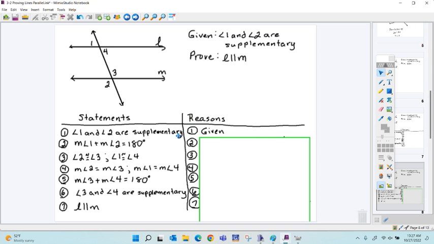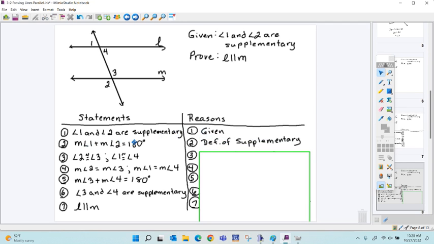Yes. Can we put given? No, wait a minute. Sierra had a question with her hand up. Yes, Sierra. I was about to say, but I understand now. Okay. So when you say, like she said, that supplementary means it equals 180, whenever your thought process is that, that's a definition. That's just what that means.